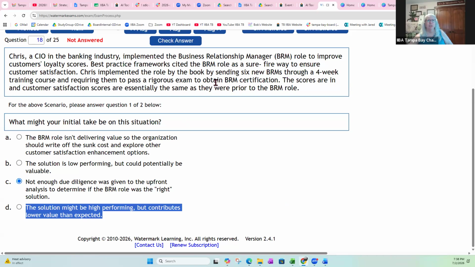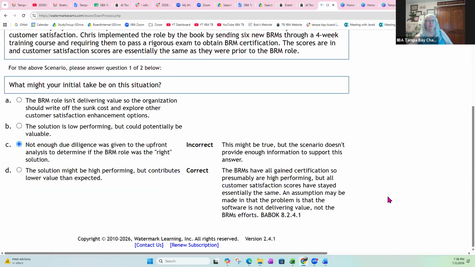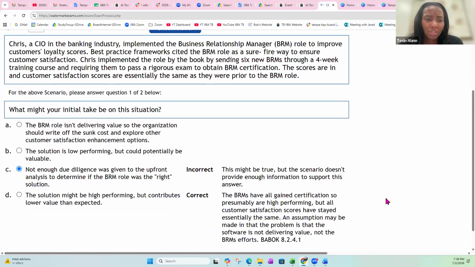Okay, let's test C. Then how do they jump into the... that doesn't make sense. Well, we don't know what they did up front. We know that best practices cited it, that they went to class, they had to take tests. So we know that there's qualifications there.